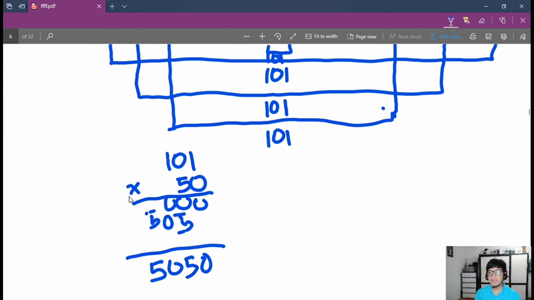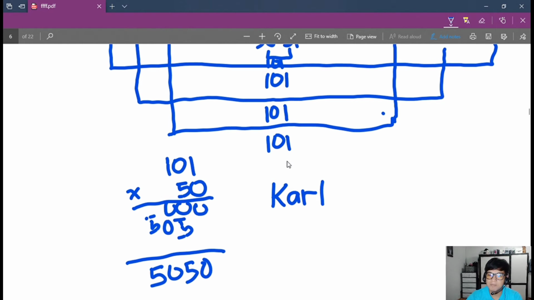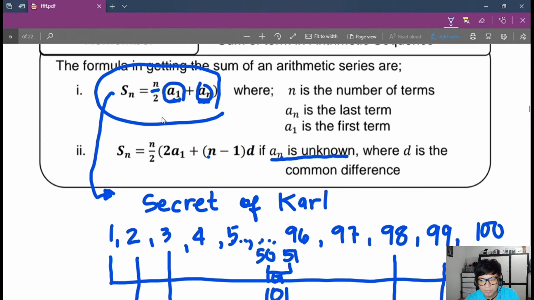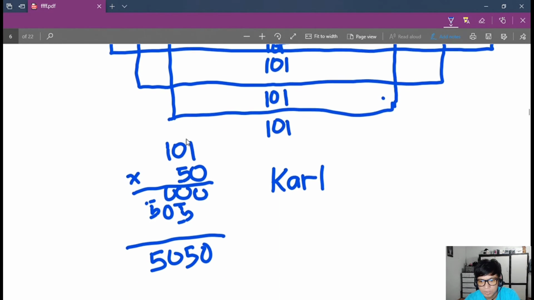So, by the way, Carl is a mathematician. Ang full name ni Carl na nakadiscover ng formula ng summation na na-discuss natin kanina, ang ginawa niya, di ba ito, first term, in-add niya dun sa last term, tapos, i-multiply niya sa number of terms divided by 2, or yung ginawa natin kanina, nag-pair lang tayo, so, parang ganun din, dinivide niya sa 2.